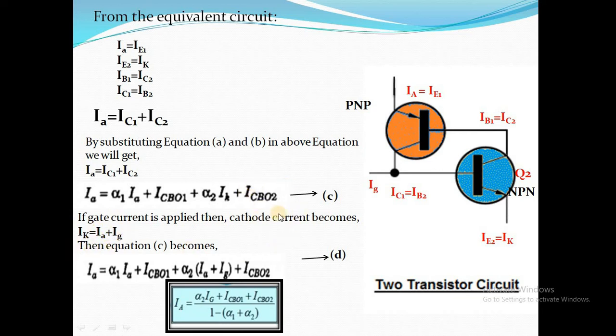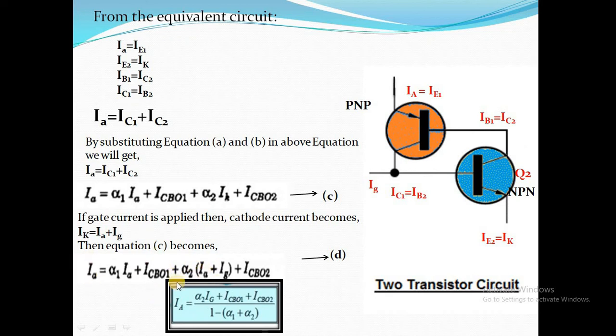Therefore the above equation becomes IA equals alpha 1 IA plus ICBO1 plus alpha 2 times IK, so IK becomes IA plus IG, plus ICBO2. If we simplify this equation, here we have IA and here also we have IA.